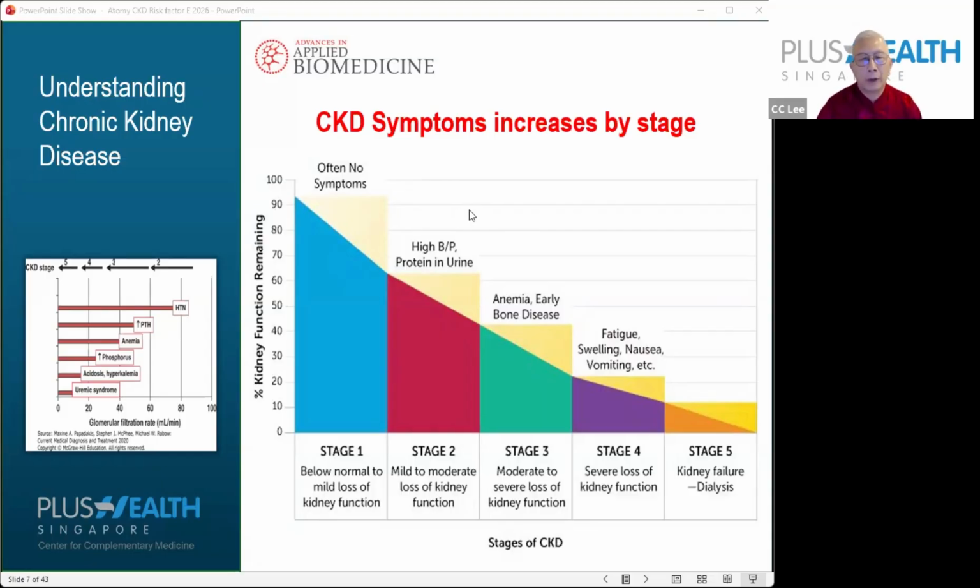If your kidney function deteriorates to stage 3, further complications like anemia and early bone disease will occur. In stage 4, you will find that the patient very often suffers from swelling, fatigue, nausea, and vomiting. And of course, stage 5 is the end stage kidney failure symptoms itself.